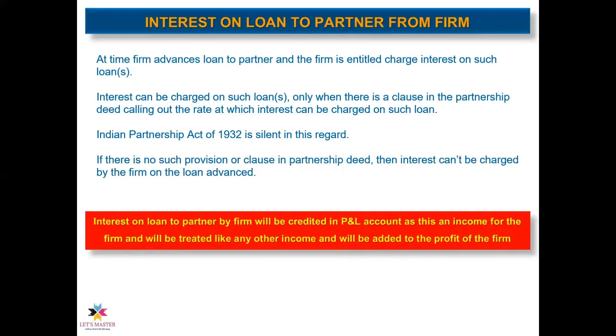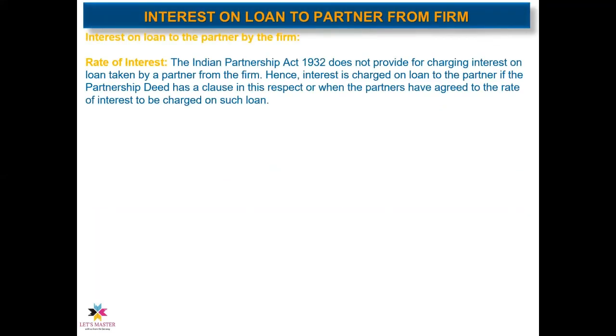Interest on loan to the partner by the firm will be credited to the P&L account, as this is an income for the partnership firm and will be treated like any other income, and this will be added to the profit of the partnership firm. If we talk about the accounting treatment, then first of all, the rate of interest will be as per the agreement in the partnership deed.